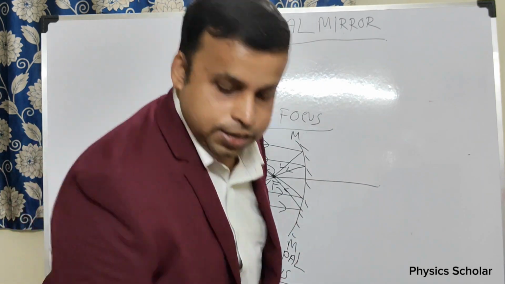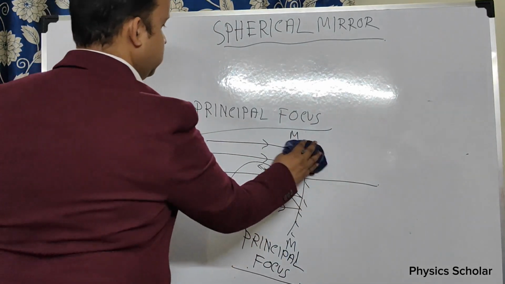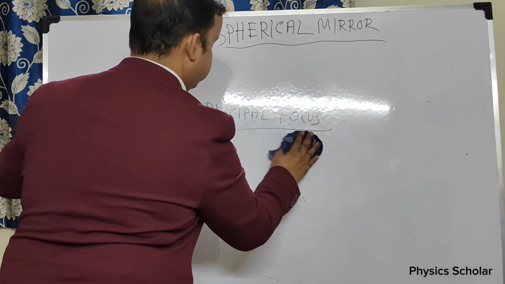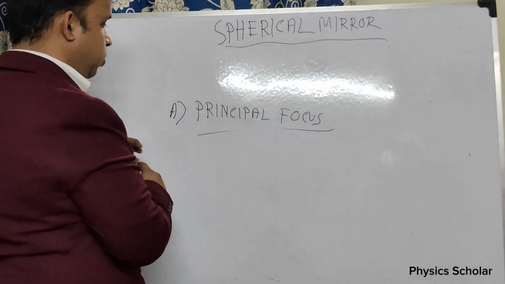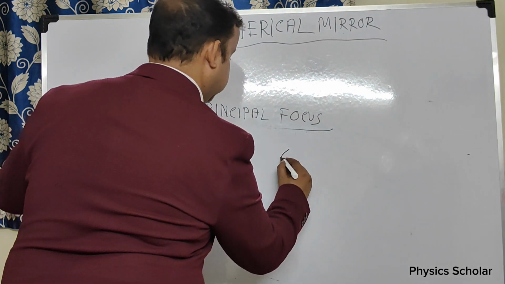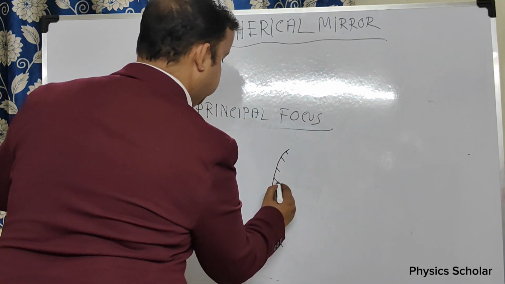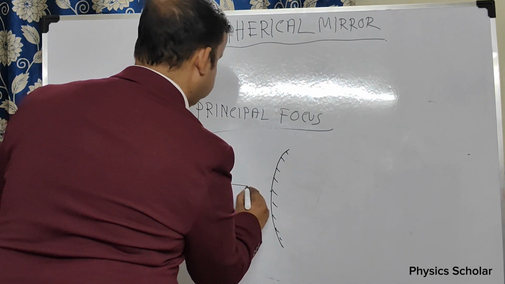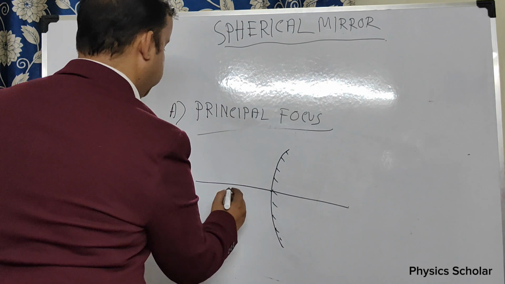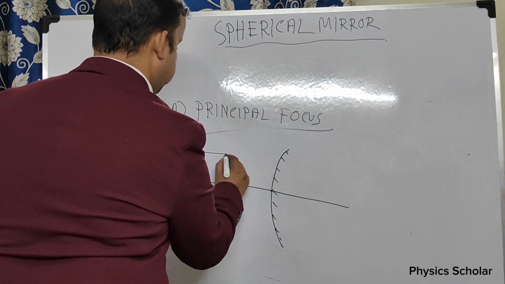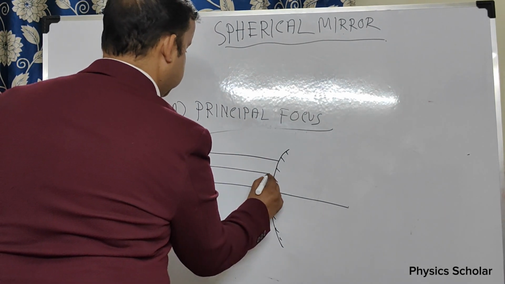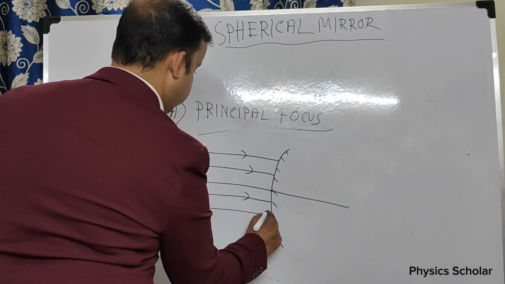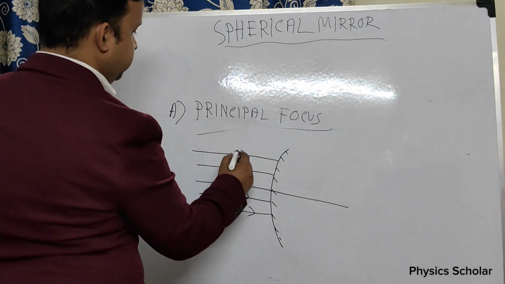Now let me discuss the principal focus of a convex mirror. Suppose this is the convex mirror. This is the pole. This is the principal axis. These are the parallel beams of light.